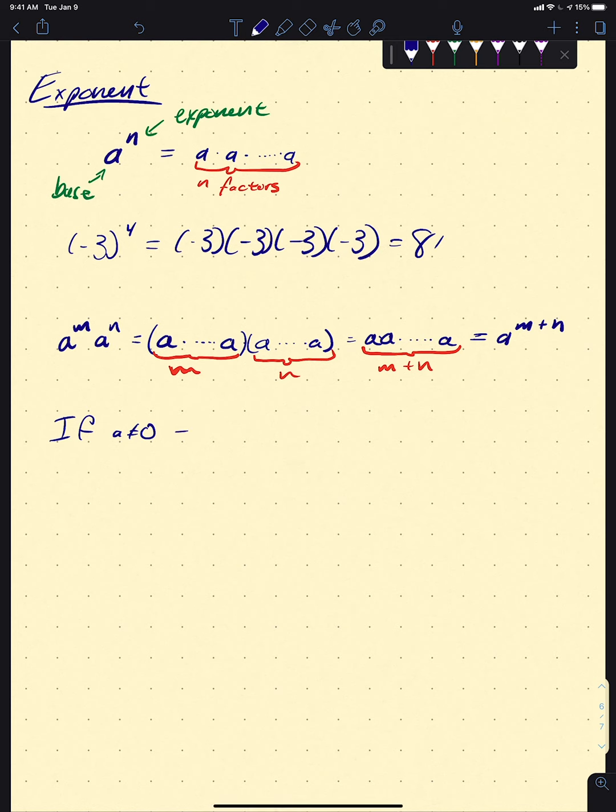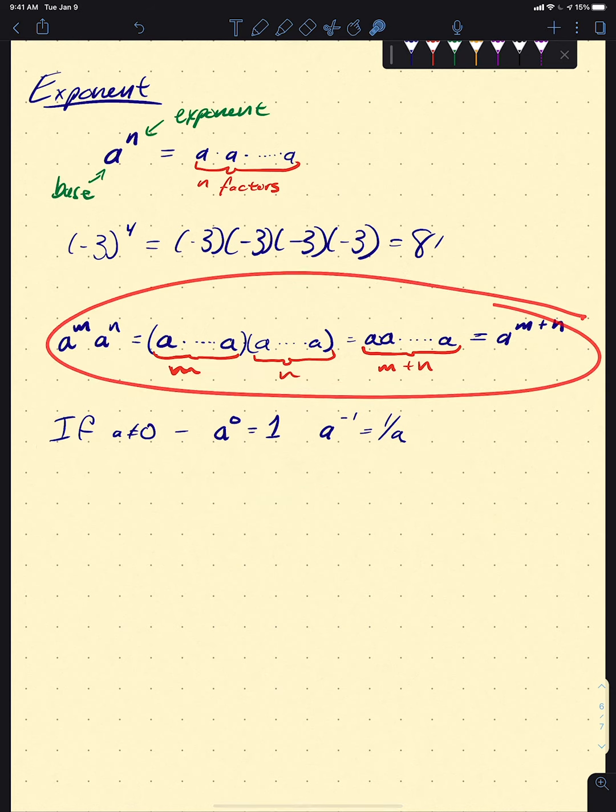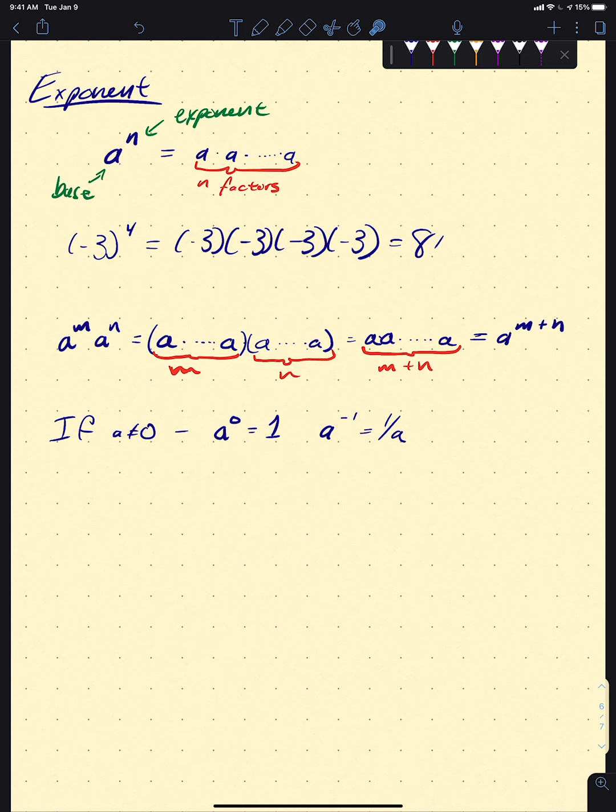These are identities. We have that a to the 0 is 1, and that a to the negative 1 is 1 over a. These two rules, combined with this rule, can actually tell us everything we need to know about exponents.